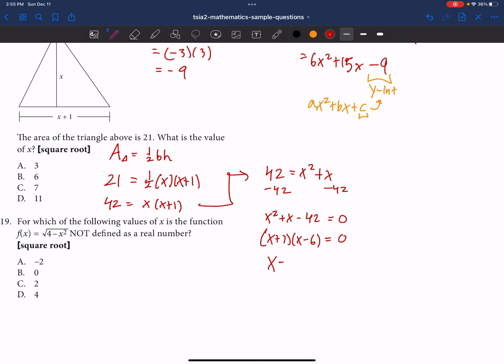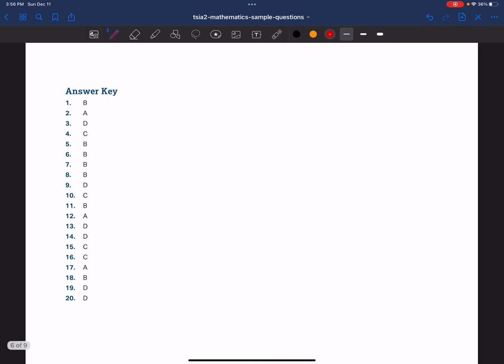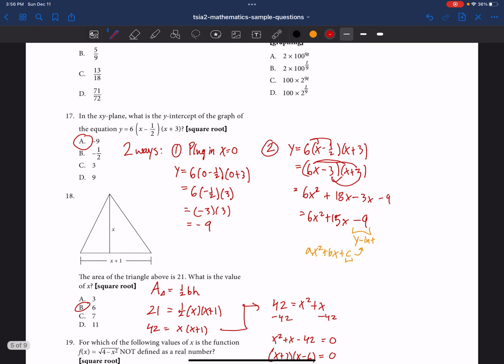Therefore, your solutions are x equals negative 7 and positive 6. But of course, length can't be negative. So x equals 6. Answer choice B. And that is number 18.